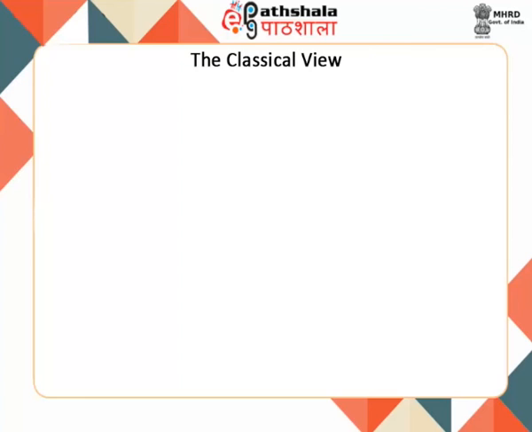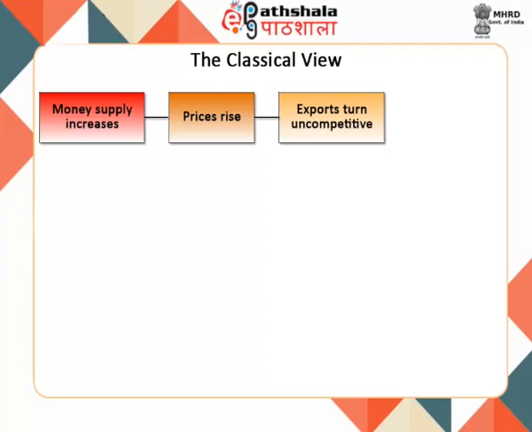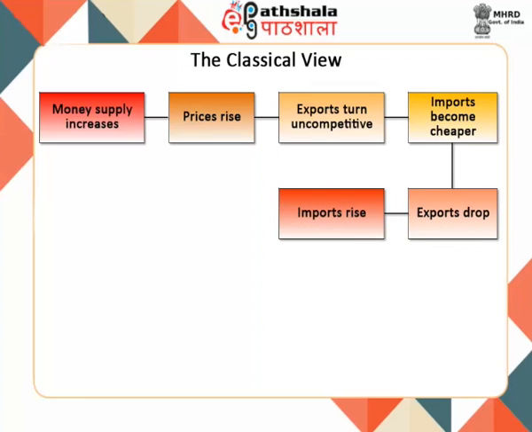The classical approach. The classical economists were of the view that the BOP disequilibrium was self adjusting. For example, as money supply in the economy increases, prices rise, exports turn uncompetitive, and imports become cheaper. This causes exports to drop and imports to rise.